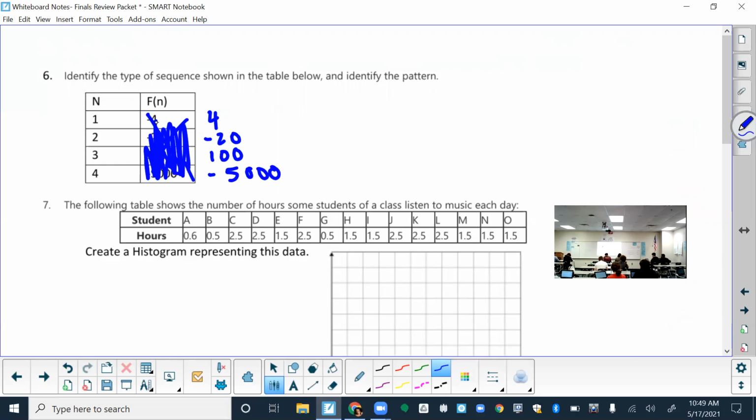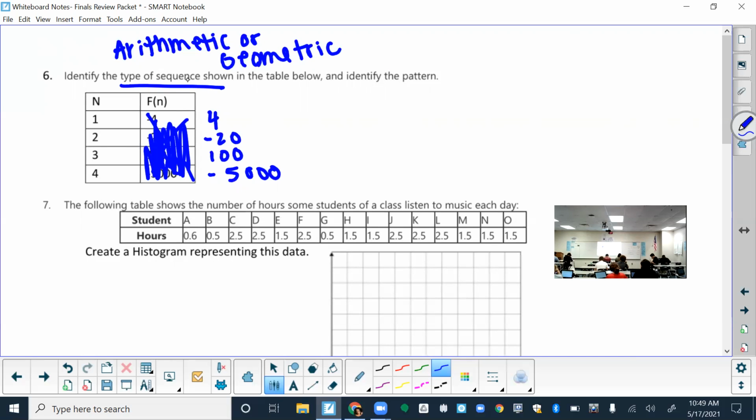So the question is, identify the type of sequence. Your options are going to be arithmetic or geometric.